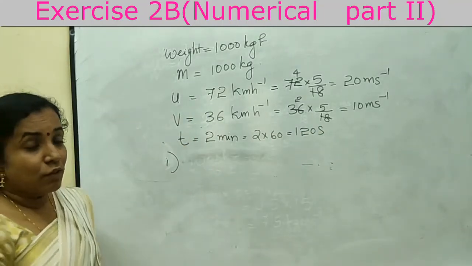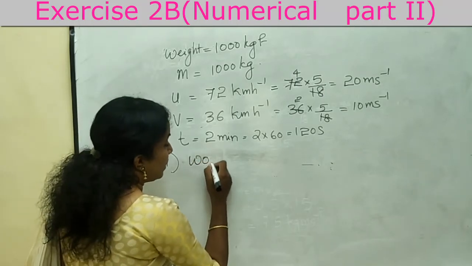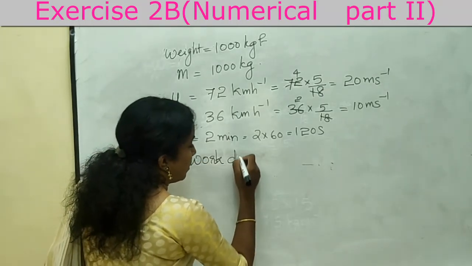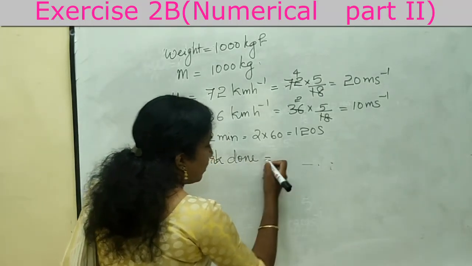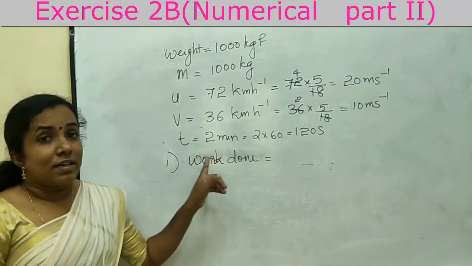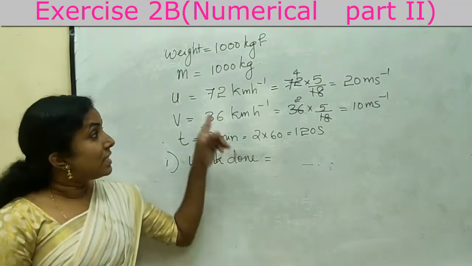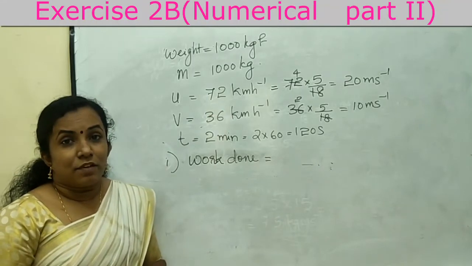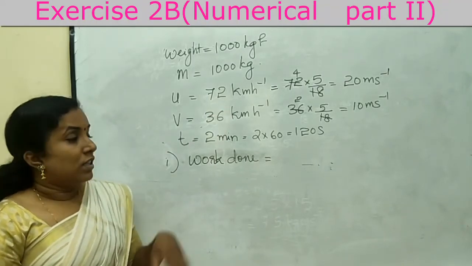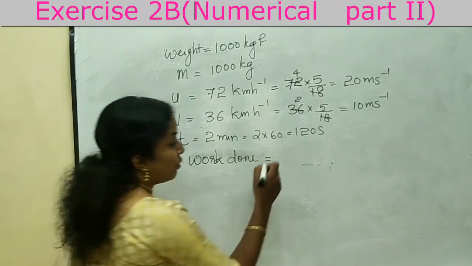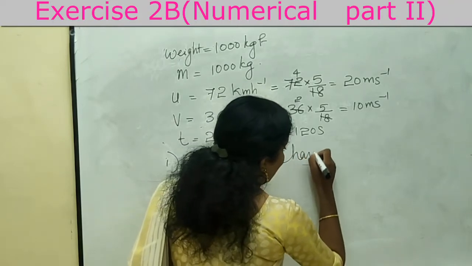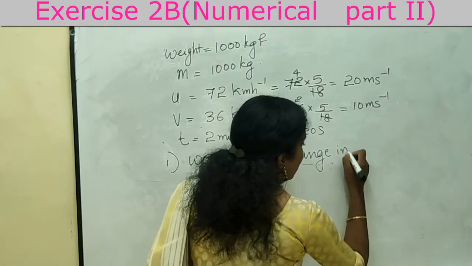Here we have to find out the work done by the engine. Here the work done by the engine changes the kinetic energy of the truck. Therefore, the work done is equal to change in kinetic energy.